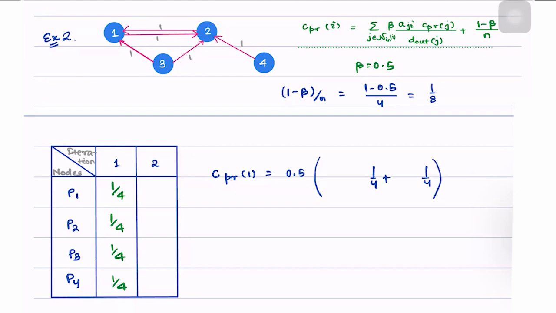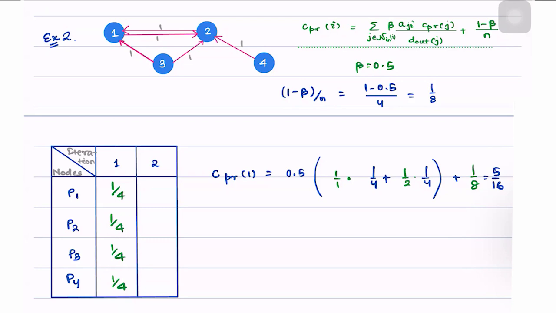And the importance of node number 1 simply gets divided by 1, and the importance of node number 3 gets divided by 2, because 3 has 2 neighbors. And we have a new term here, which is equal to 1 by 8, which comes from this. Solving it, we can see that this simply adds up to 5 by 16.